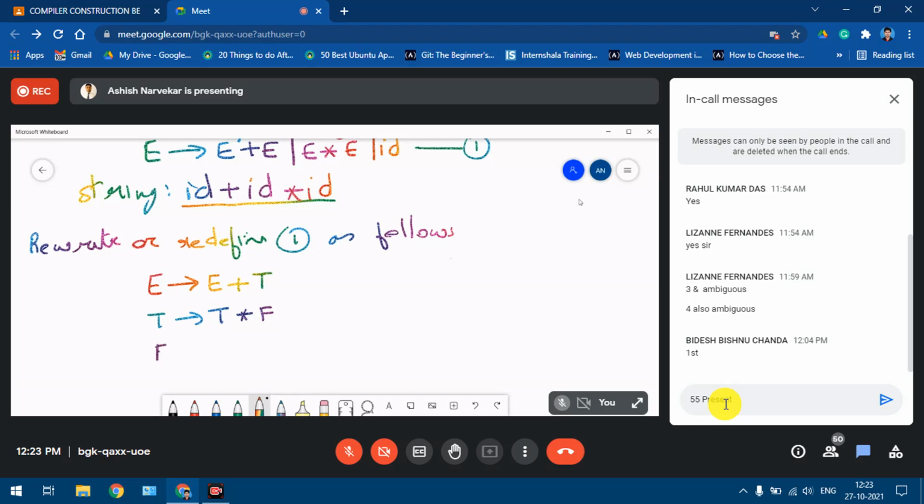And then finally, we are writing this F in terms of the final symbol that we want, id. Now, E derives E plus T. This particular production, in addition to this, we can also define as E derives E plus T or T directly, or the next one is T derives T star F or F, and finally F derives id.